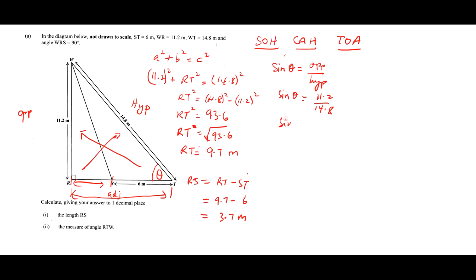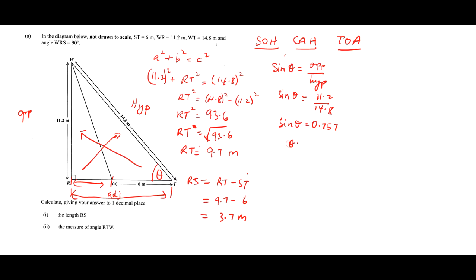So therefore sine theta is equal to 11.2 divided by 14.8, which is equal to 0.757, right?